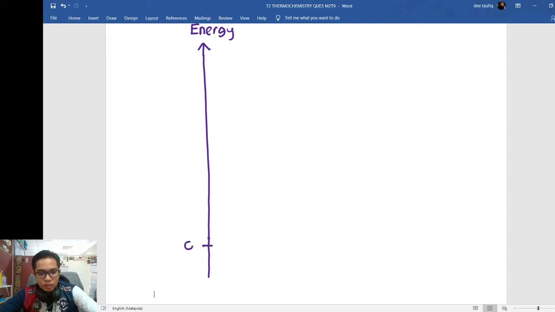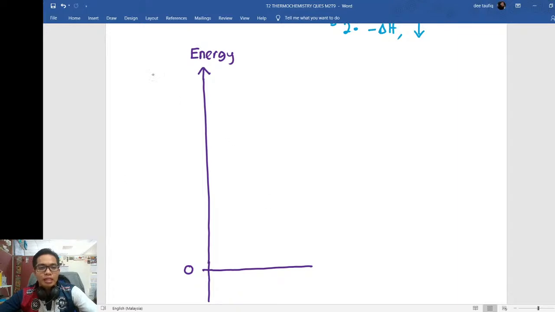So, this is 0. 0 means you are starting from your element. So, saya tambah lagi sini garis kat sini. Okay. So, in this energy level diagram, I am going to use NaCl sebagai saya punya example.